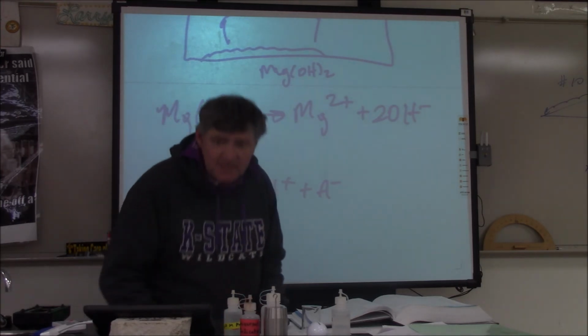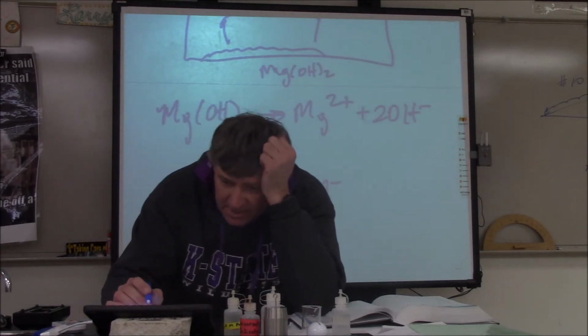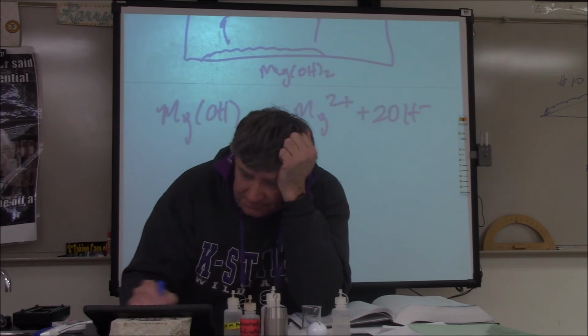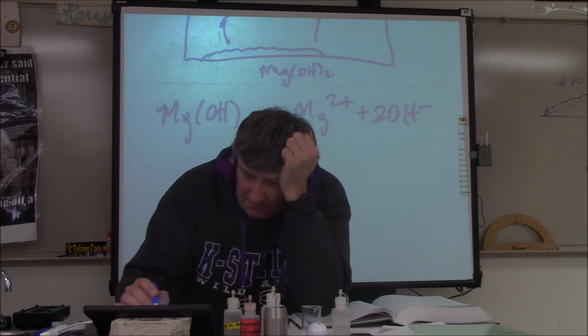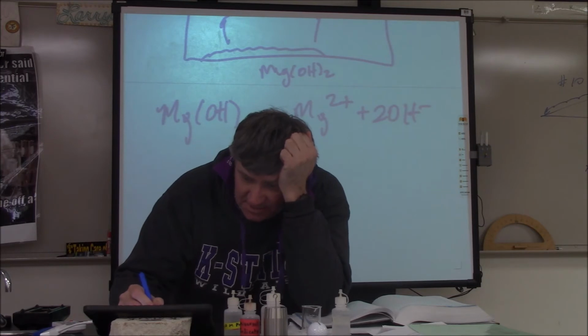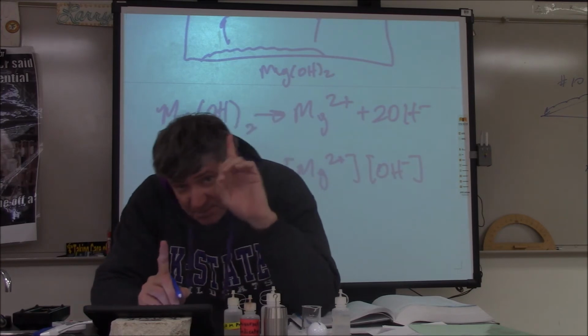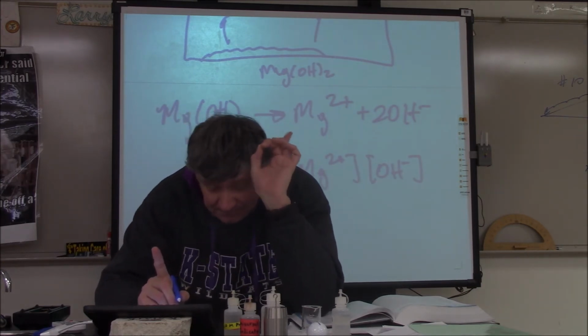So the same thing is going to happen here. Your Ksp, just like Ka, is going to be the concentration of my magnesium ions times the concentration of my hydroxide ions. Now, this is where this gets a little tricky.